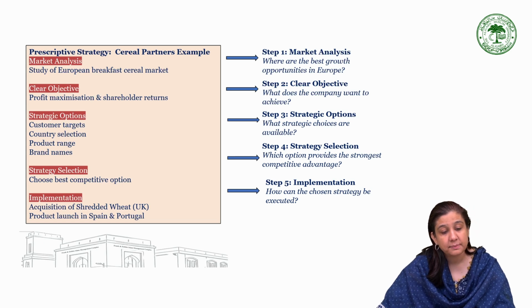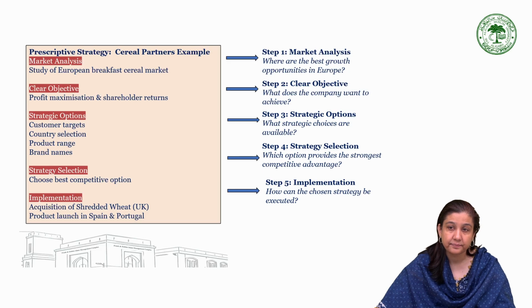So the first step was market analysis. Managers investigated the European breakfast cereal industry and asked a few questions to themselves: which countries offer growth opportunities? Where is demand increasing? Who are their major competitors? And also, what consumer trends are emerging?